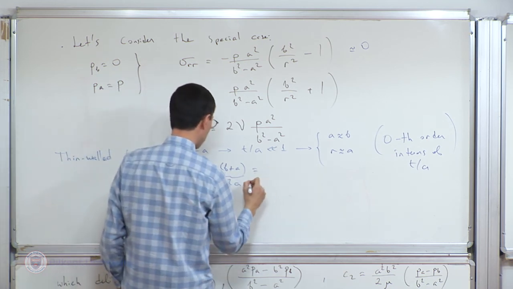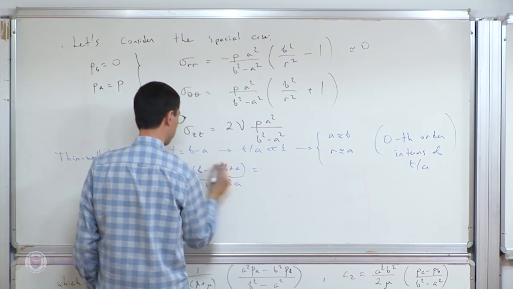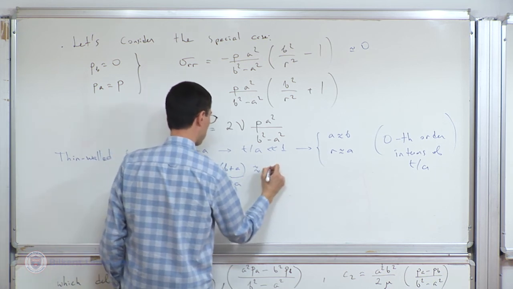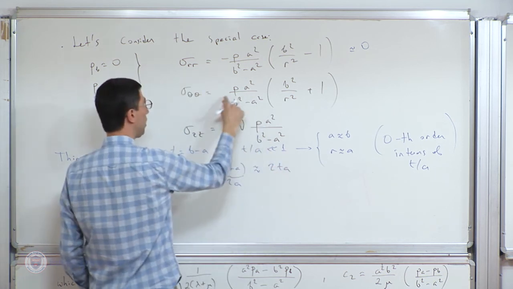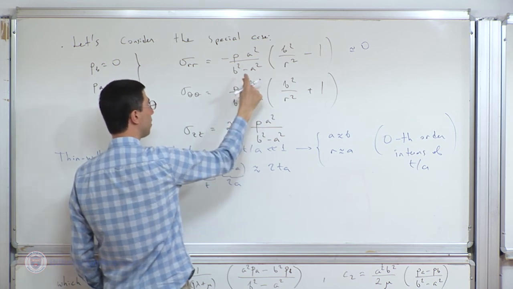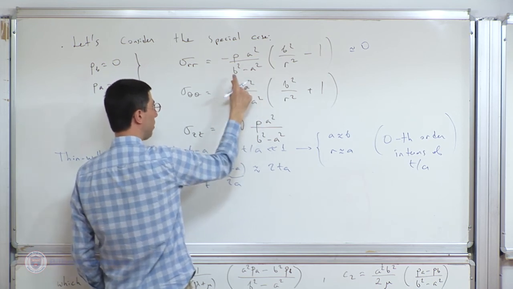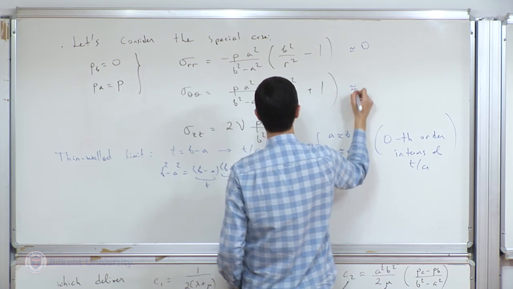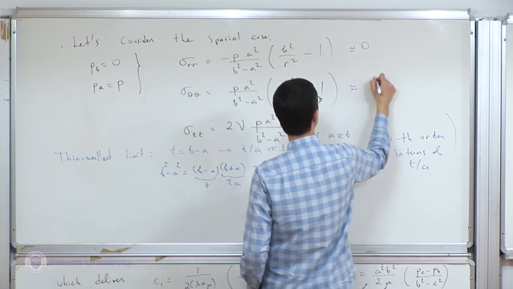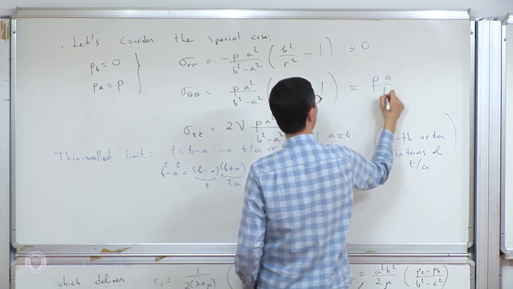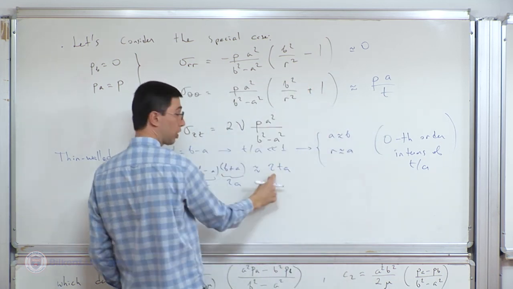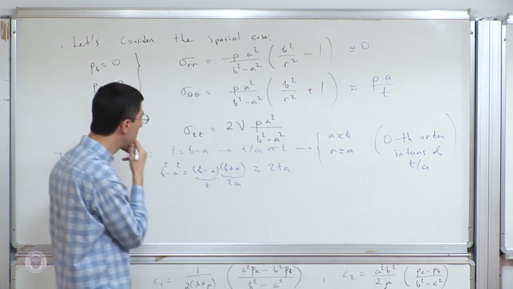So in the thin wall limit, that's approximately 2TA. So here we have 2TA cancels with one of the A's and a P. So this is approximately PA over T. There's a 2 there which cancels with that 2.